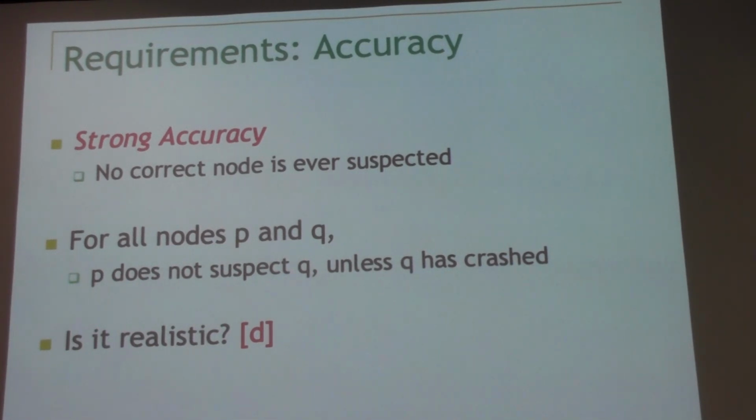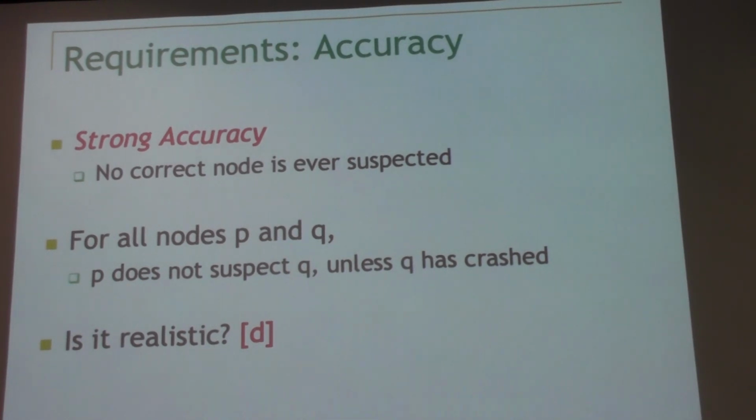How can we get it on the internet, for example? It means if I'm looking at some Japanese guy who's very far away, I can tell whether his computer has crashed or not, for sure. Never make a mistake. Is that reasonable? What do you think?